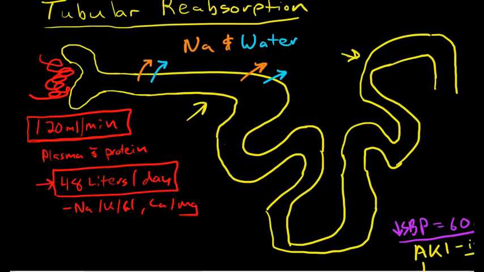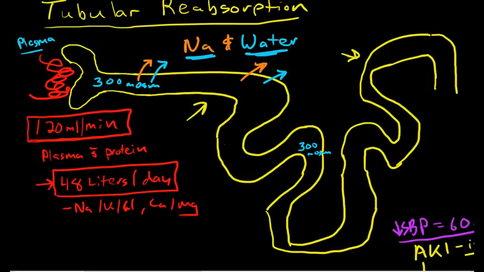But the osmolarity remains the same. The osmolarity remains 300 milliosmoles per liter, which is exactly the same as what it is in plasma. So that just means that water and sodium are equally being reabsorbed at the same rate. So by the time you get to the top of the loop of Henle, you're still at 300. So keep that in mind.